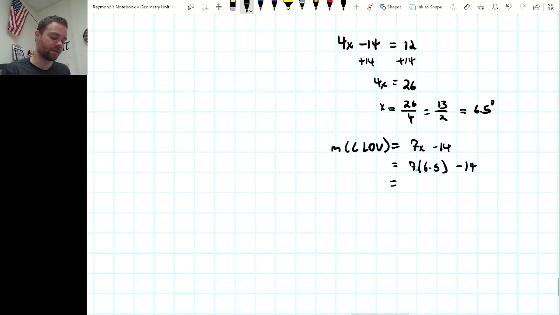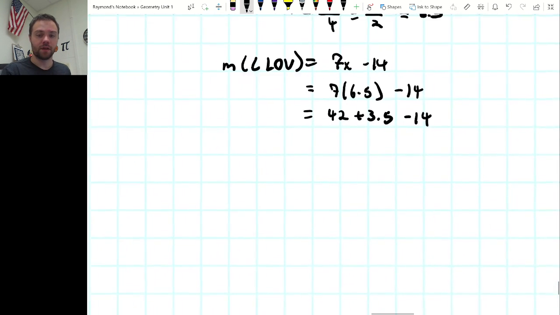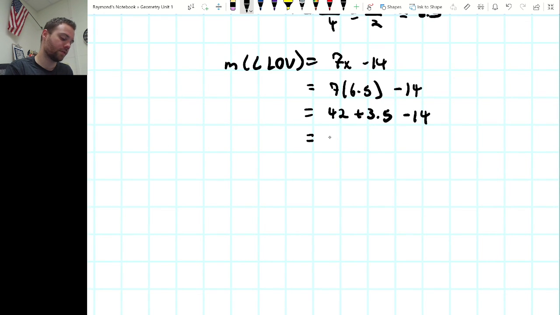So we know that 7 times 6 is 42, and then 7 times a half is 3.5, minus 14. And that boils down to 45.5 minus 14, which is going to equal 34.5 degrees.